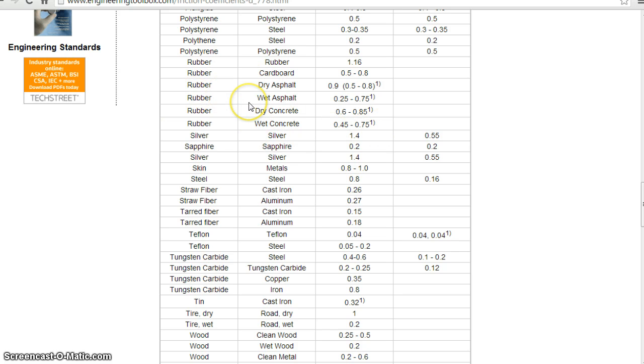A car's rubber against dry asphalt is 0.9, and wet asphalt is 0.25 to 0.75, which is close to around 1 from what Mr. Day's class got. Same here, dry concrete is 0.6 to 0.85. There is high friction for both dry asphalt and dry concrete, and low friction for wet concrete and wet asphalt when the rubber is smooth against them.